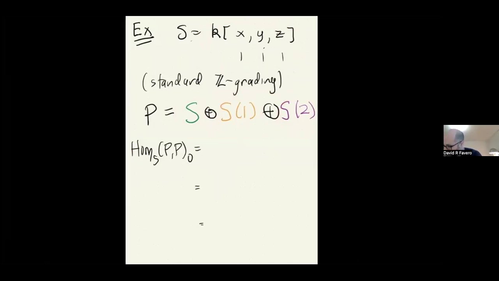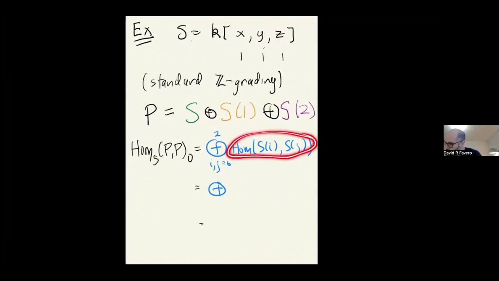I'm going to get the sum over i,j from 0 to 2 of Hom from S(i) to S(j).